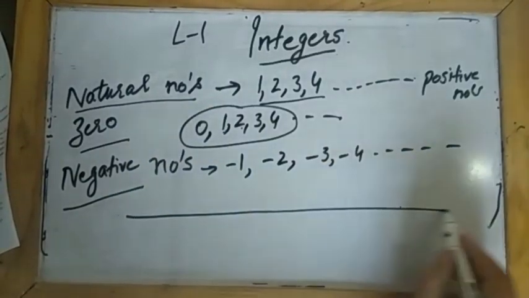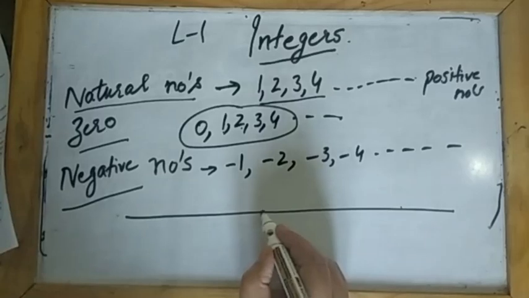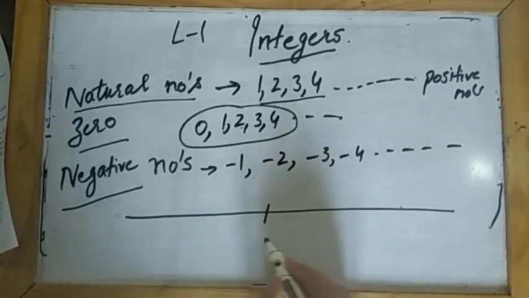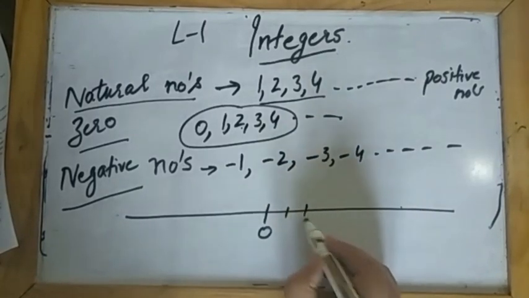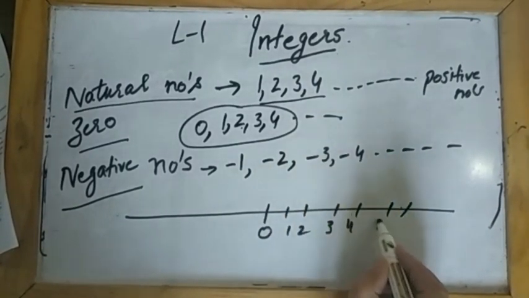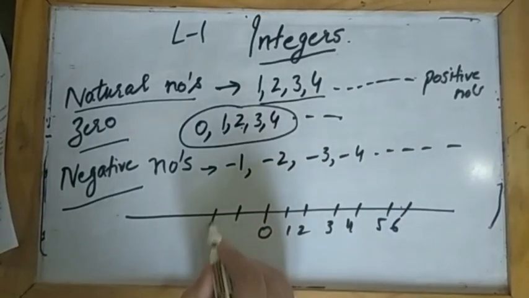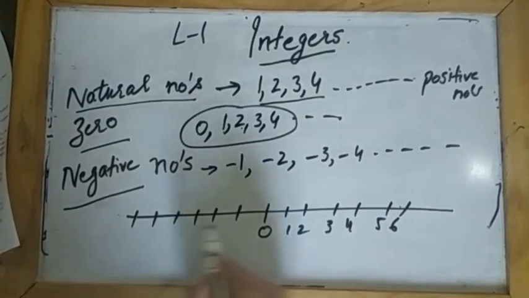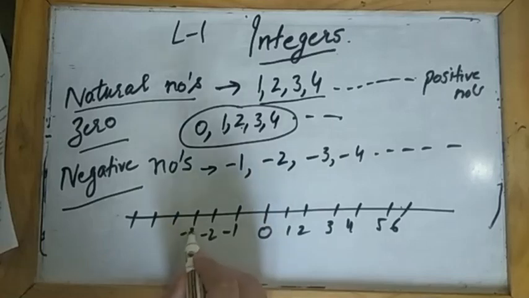If I plot these integers on the number line, you can see that in the center you have 0, to the right of 0 you have positive numbers 1, 2, 3, 4, 5, 6, and to the left of 0 you have all the negative numbers.